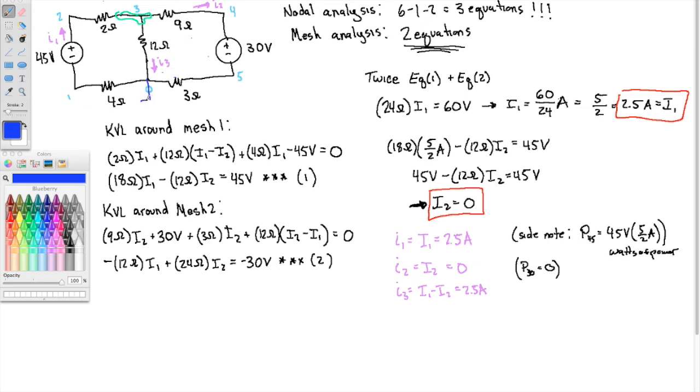Here's ground. Okay, so that's our reference. So this node down here, we're calling that 0 volts, our reference. So how much voltage is here then? Okay, call that V1. Well, V1, I'll do this in blue.